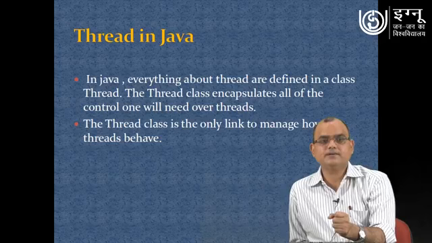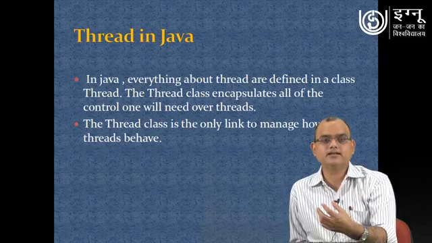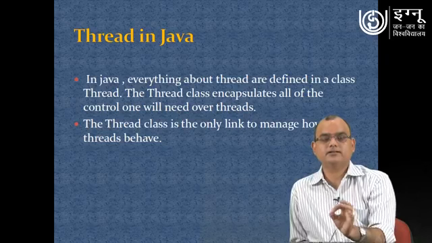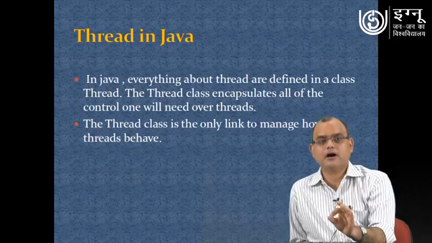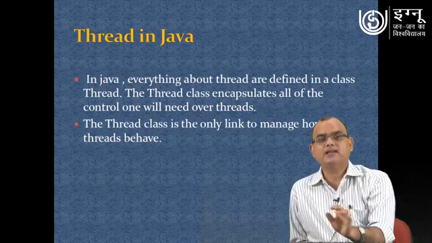In Java specifically, if we try to see what a thread actually is, we can say that everything about a thread is defined in a class, known as Thread. The Thread class is an encapsulation of all the controls required for managing the thread.